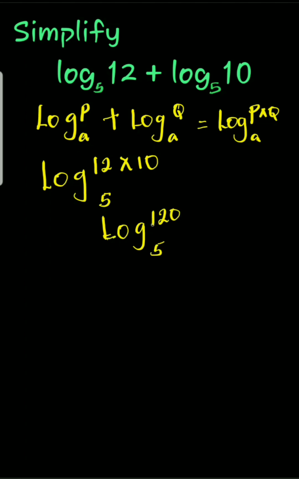It says simplify. Now, the condition for you to be able to apply this law is that we must ensure that the coefficient of the logarithm is 1. When you compare this law and this problem we have, you see that the coefficient of each logarithm is 1.